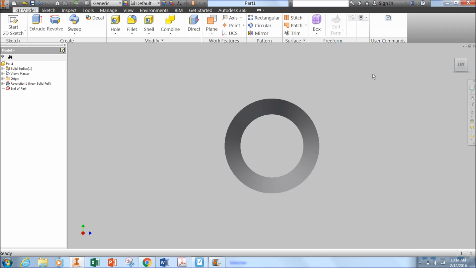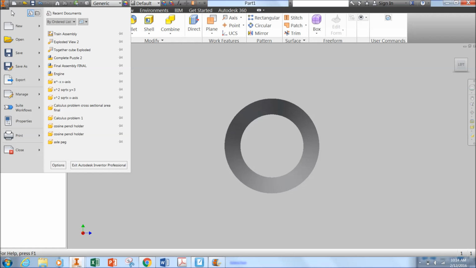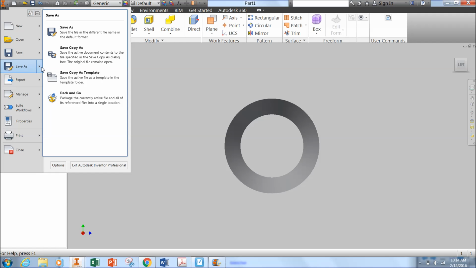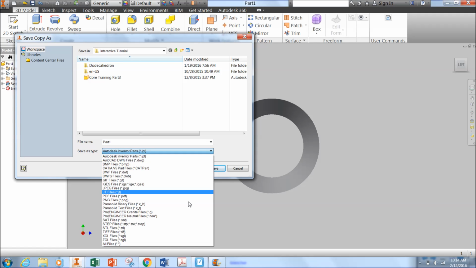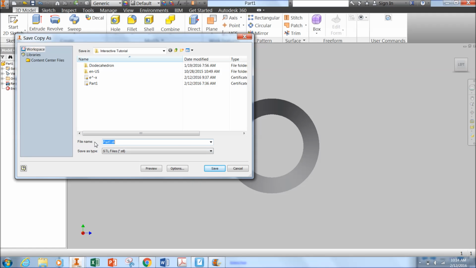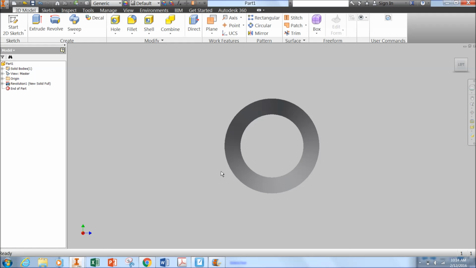We can now save our model as a .stl file for future printing. Again, save as, save copy as, look for the drop-down menu, .stl, and we will name this one y equals 3 axis. Save.